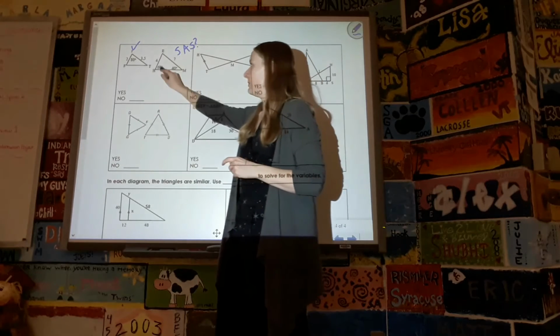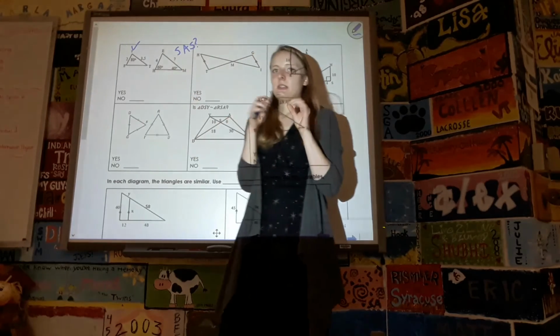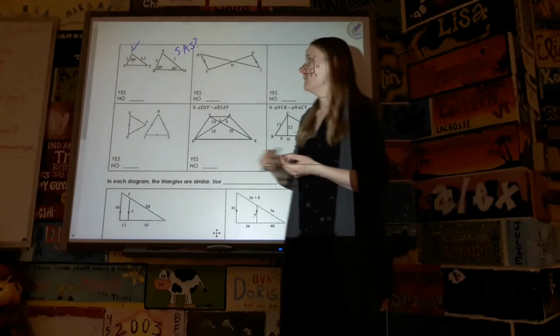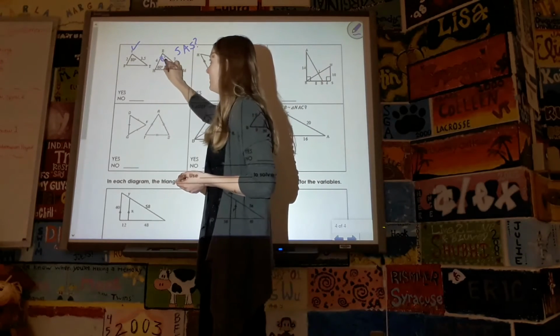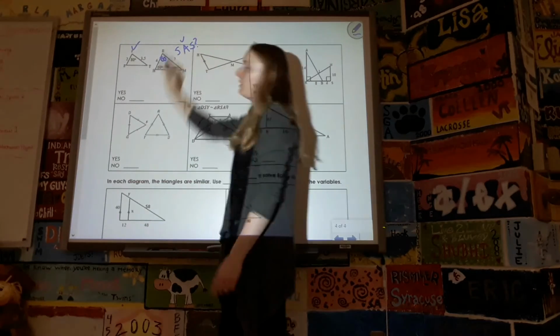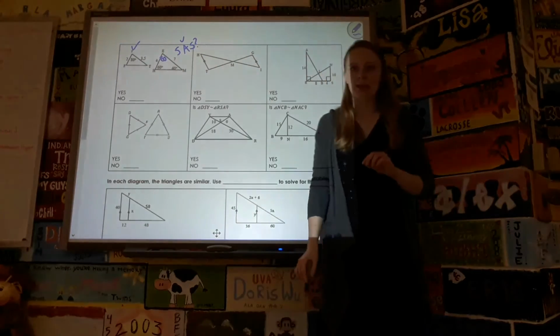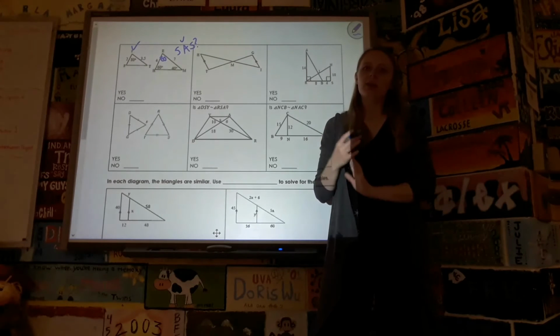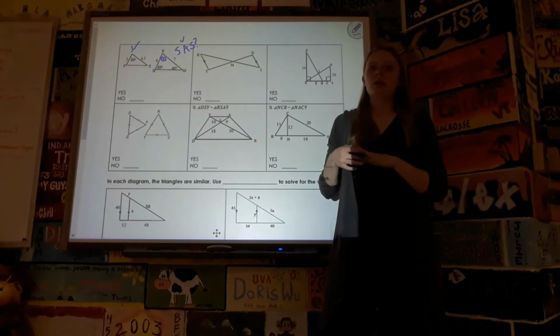However, I do have these 2 angles. So if I use the 60 and the 40, I can subtract that from 180 to find the third angle that I don't know. And so that would leave me with an 80, which coincidentally happens to be the angle that's over here. So I have the A of side angle side taken care of. All I need to do now is check to see if the sides that are surrounding the angles in each triangle are proportional.